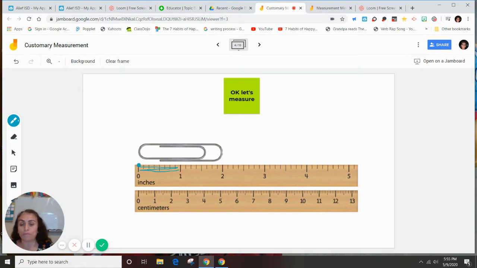If I'm on 0 and I go 1 and 2, all the way to where the clip ends, this would be the line where the clip ends. I'm going to have 2 inches. So the measurement for this paper clip is going to be 2 inches, and I can write it as 2 inches. Okay, and let's continue.